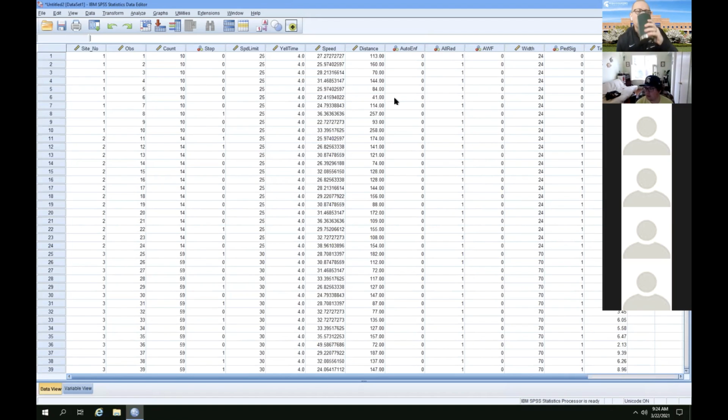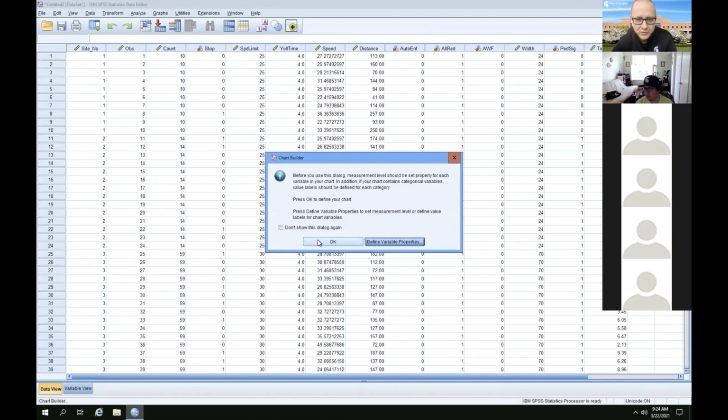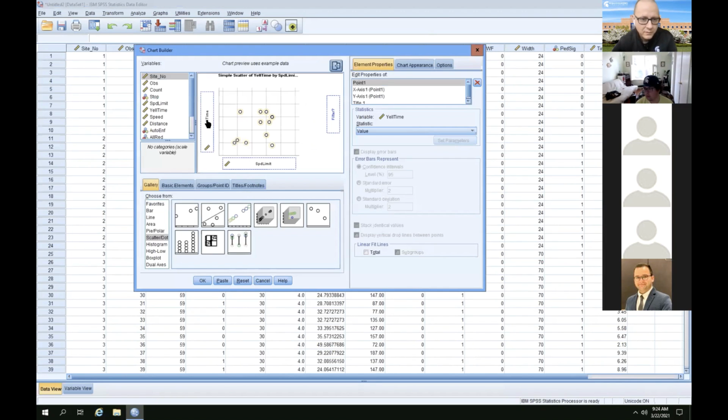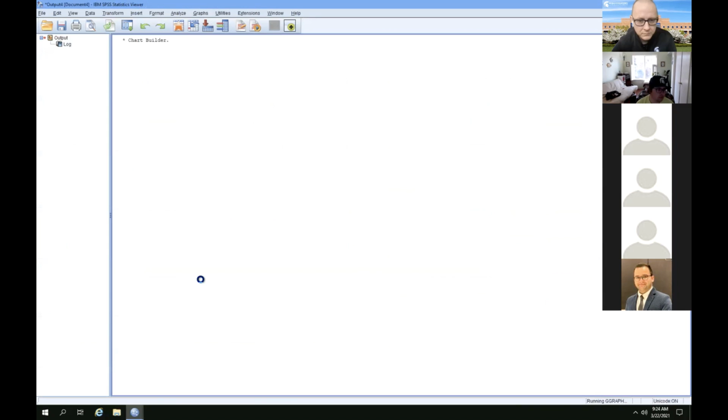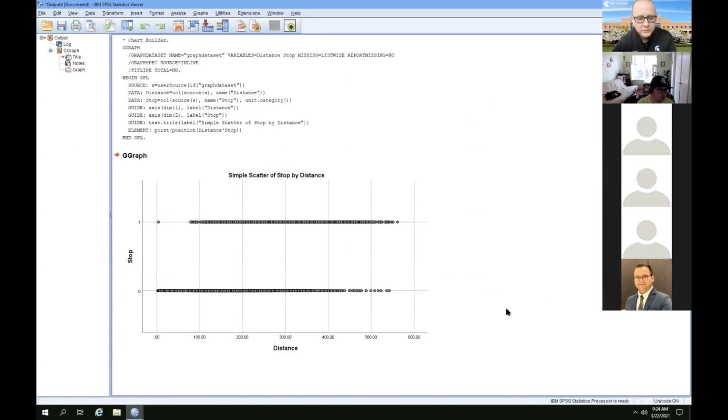The distance. Yeah, so I would say distance is going to be a very strong factor there. And so let's do a quick scatter plot, and this will reinforce a few different points here. If we look at stop versus distance, first of all, the nature of the data here is different from any of the data sets we've worked with up to this point, because Y only takes 2 values, right?